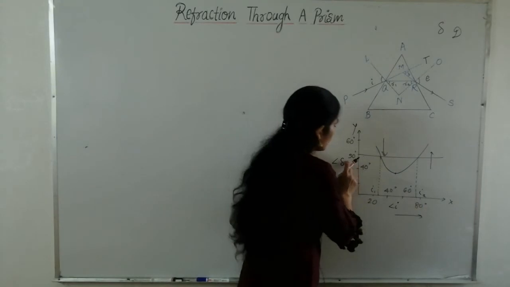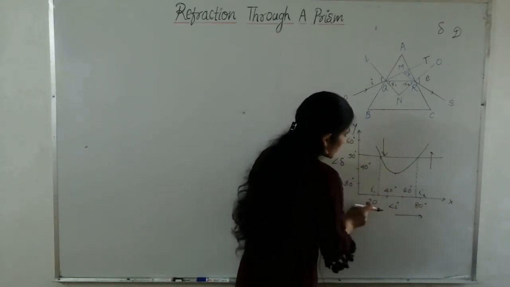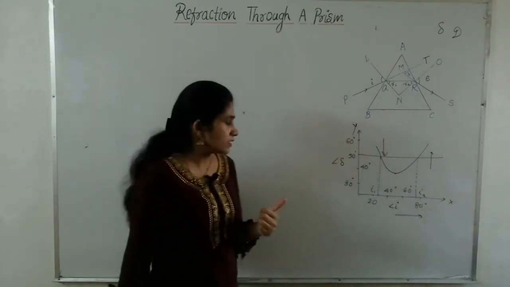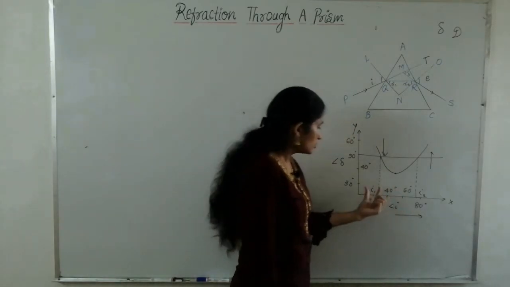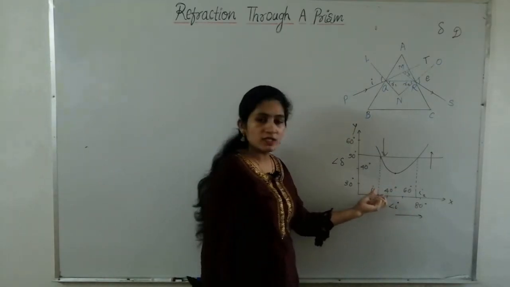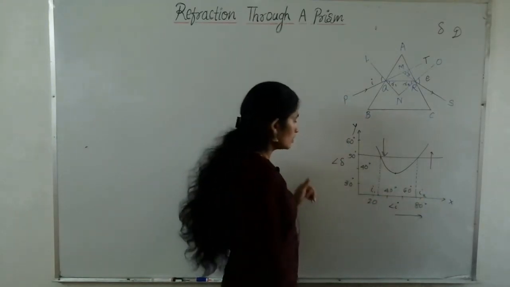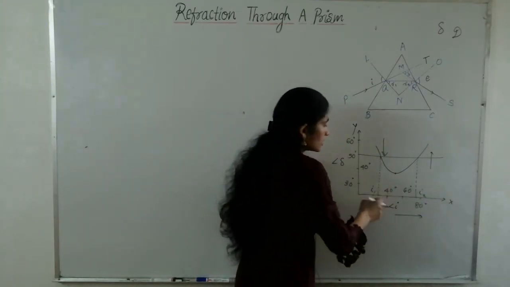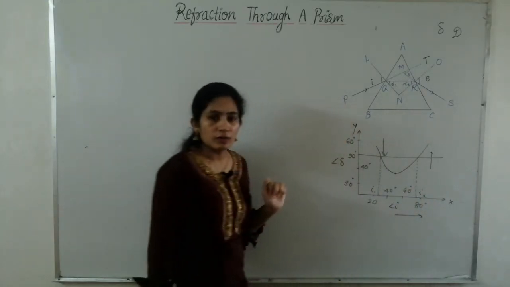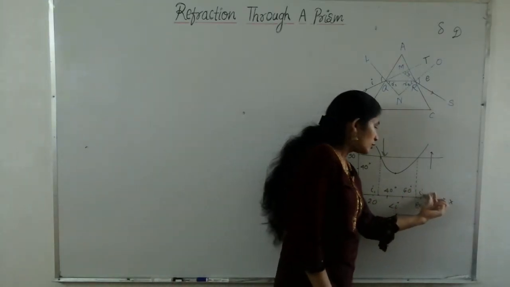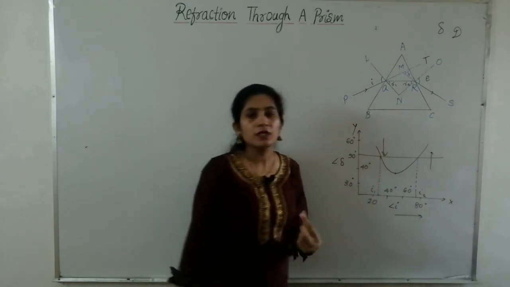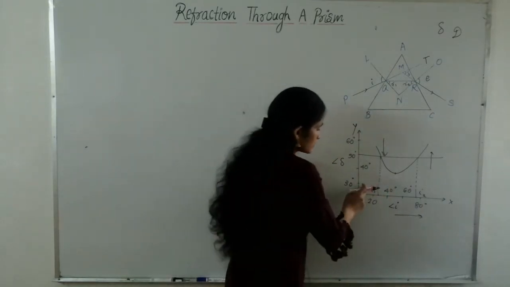If you take any value of angle of deviation, you get 2 values of angle of incidence. Out of these 2 values, one will be the angle of incidence and the other will be the angle of emergence. If I1 is the angle of incidence, then I2 will be the angle of emergence, or if I2 is the angle of incidence, then I1 will be the angle of emergence.